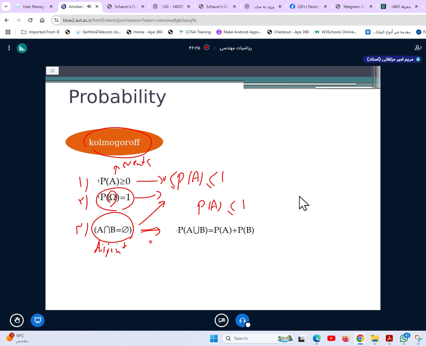Any question? So the probability of events should be non-negative. The probability of the sample space should be equal to 1.